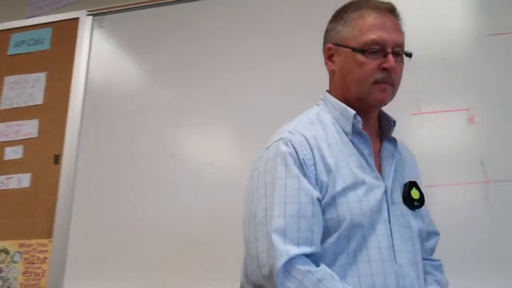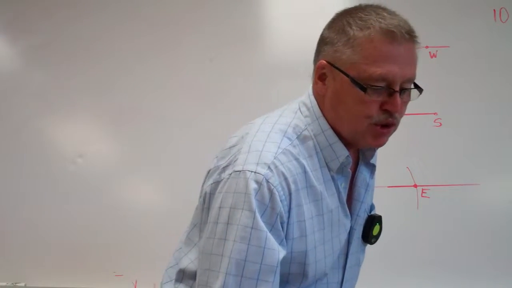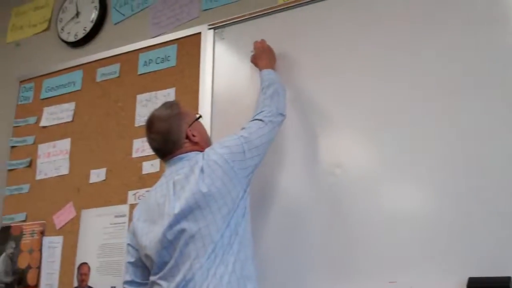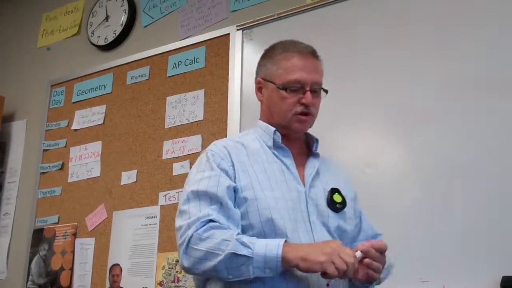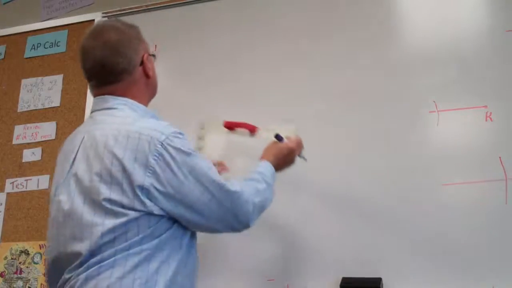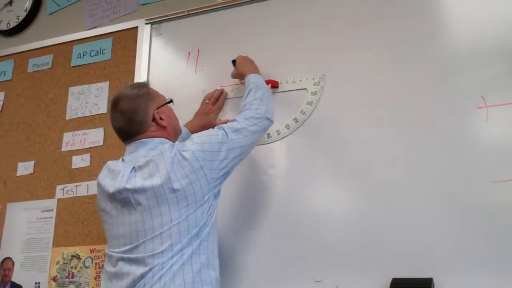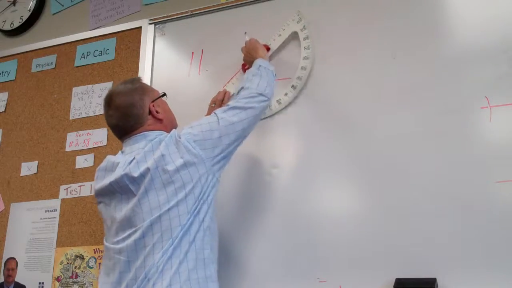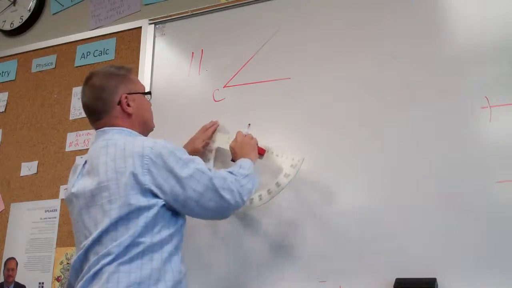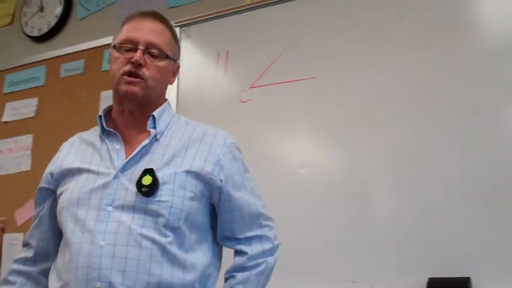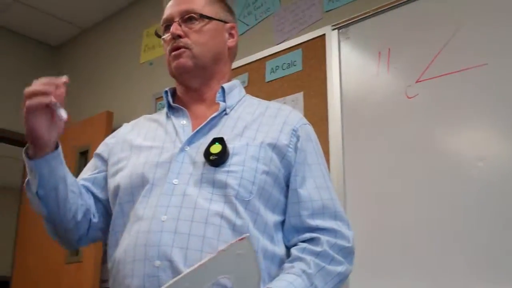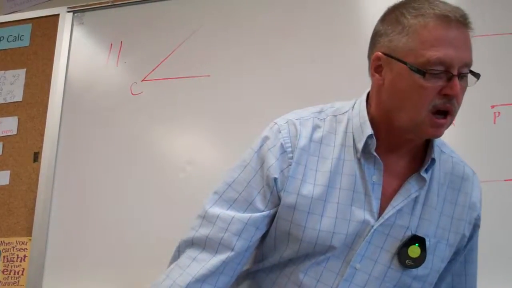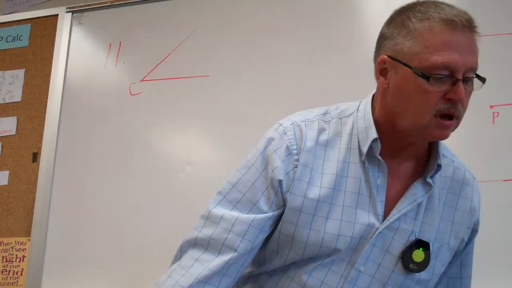Number 11. You need to have an angle C. So for number 11, use a straight edge and make an angle C. This would be there already on your quiz or test, so you're getting it ready for the question which says, copy it.